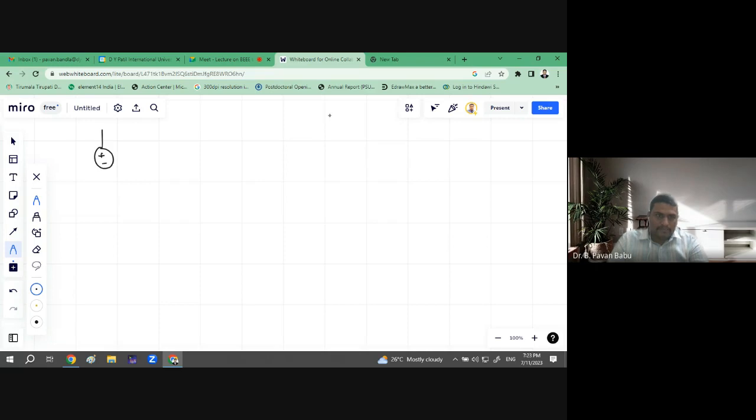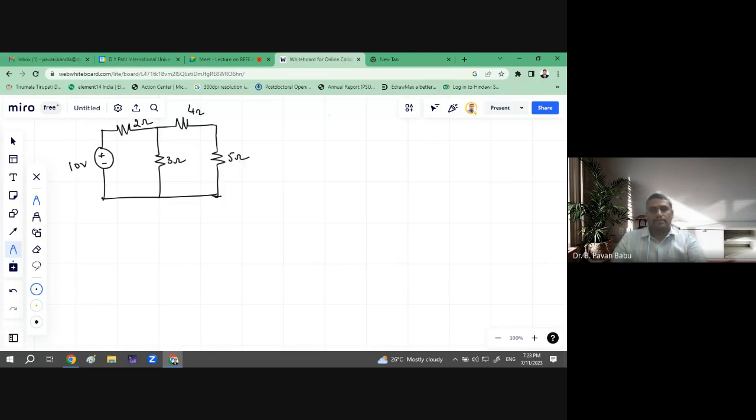So let us consider a voltage source, a resistor, the same, and here I am adding another resistor. So the values may be 10 volts, 2 ohms, 3 ohms, 4 ohms, and 5 ohms. So let the values be like this.